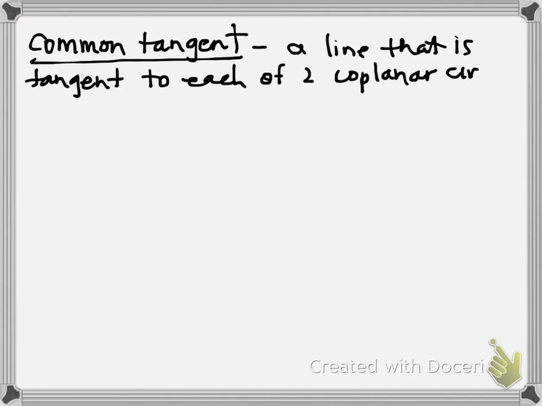So there's that idea again, coplanar meaning they have to be in the same plane. Okay. So a common tangent is a line that is tangent to each of two coplanar circles. So we're going to do a diagram, and from that diagram we're going to specify the types of tangents that you might see.